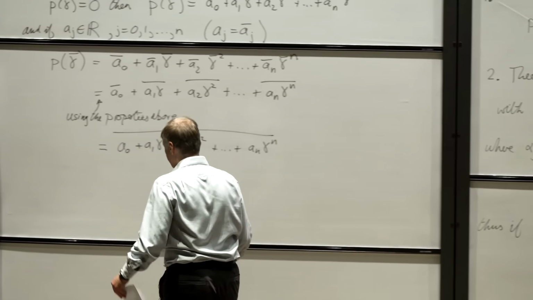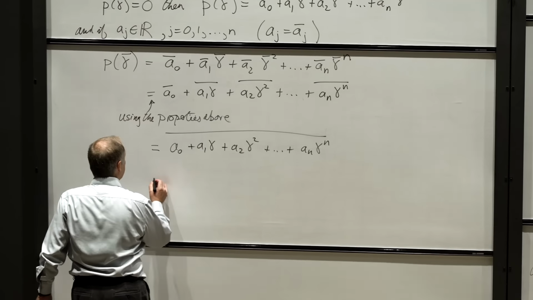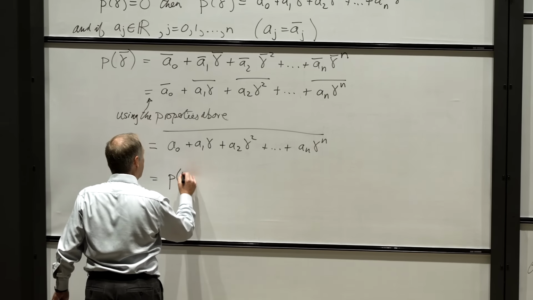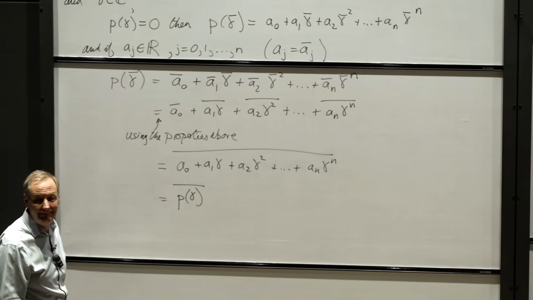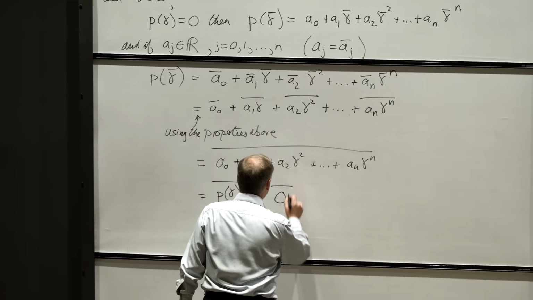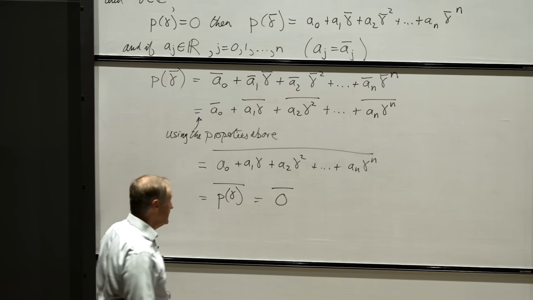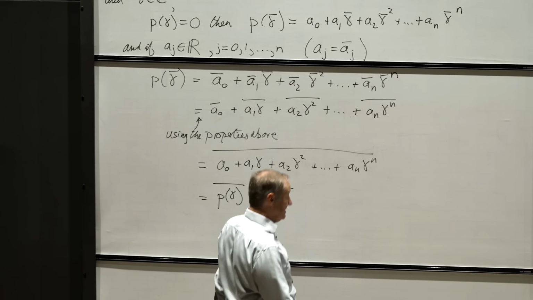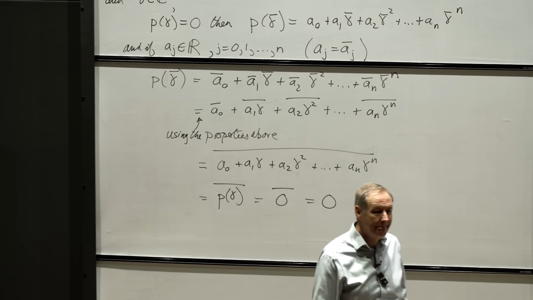And so what's this? This is P of gamma bar. And that is the conjugate of 0, because P of gamma is 0. And the conjugate of 0 is 0 minus i0, and that's the same as 0 plus i0.